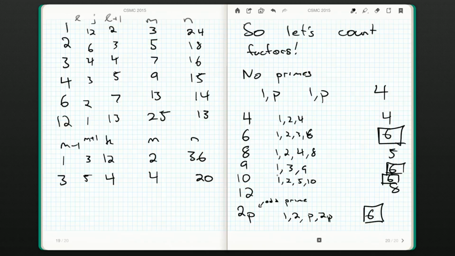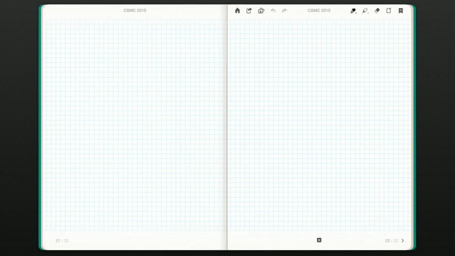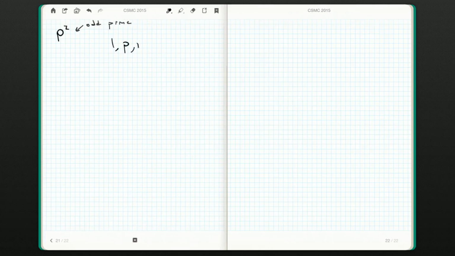And 9 here. How did we get 9? It was an odd prime squared. And that has factors 1, p, and p squared. And that's also going to give us a 6.